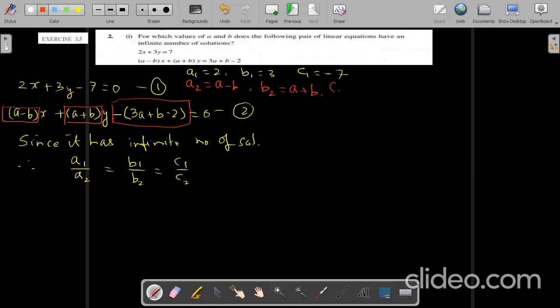So c2 will be equal to minus (3a plus b minus 2).